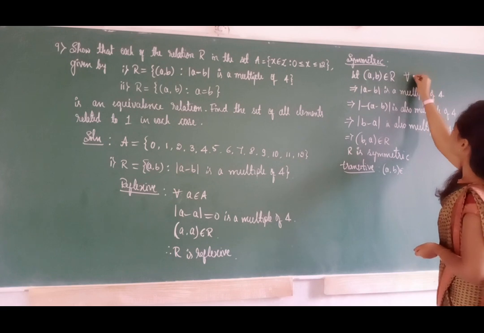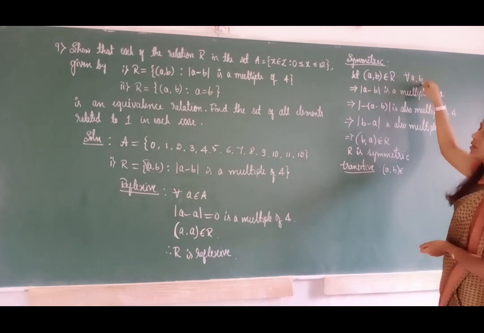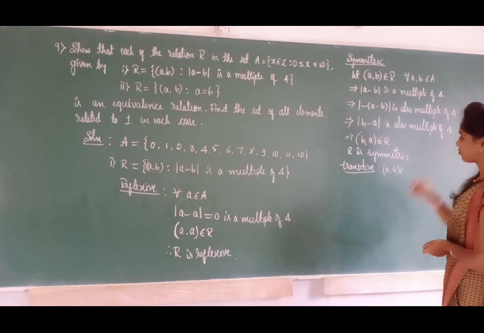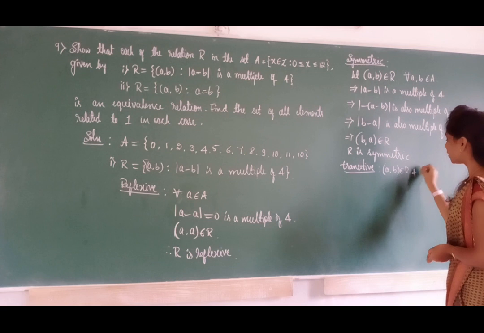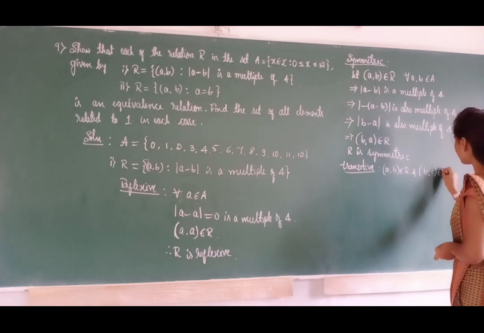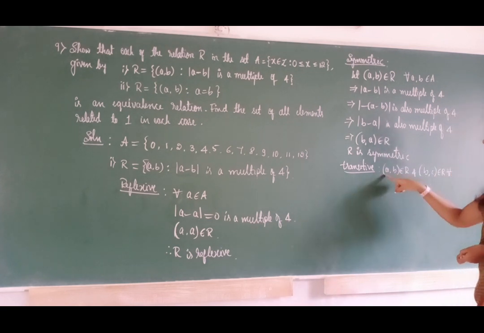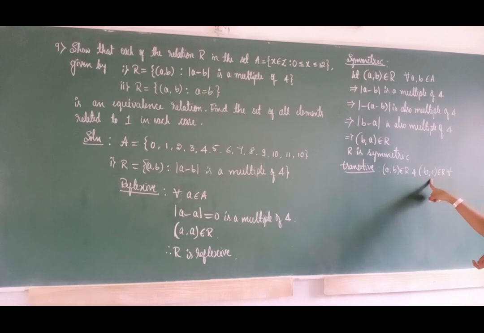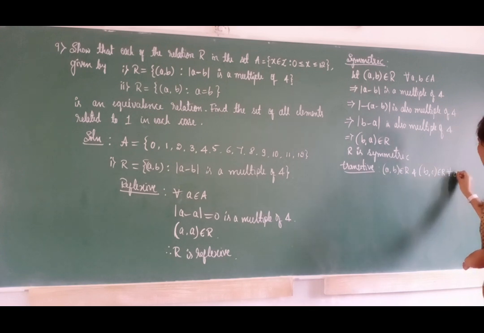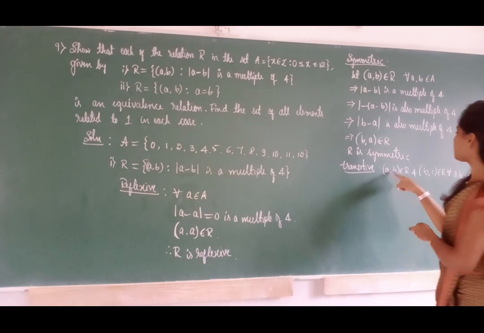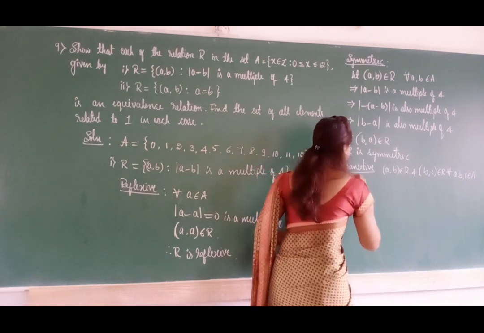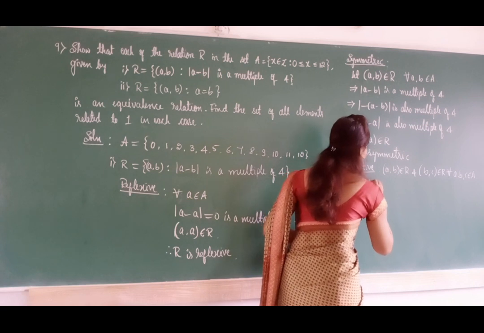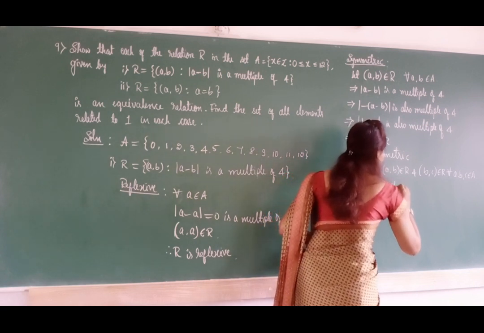So that's why we have to write ordered elements A, B belong to set A. Here ordered pair AB belongs to R and ordered pair BC belongs to R, for all the elements A, B and C belonging to the set A. Ordered pair AB belongs to R, that means modulus of A minus B is a multiple of 4.